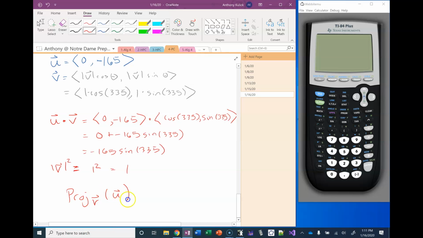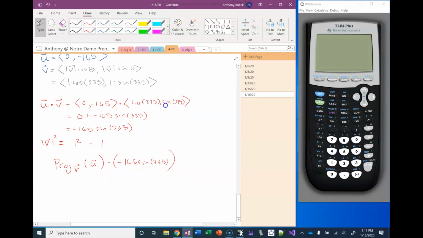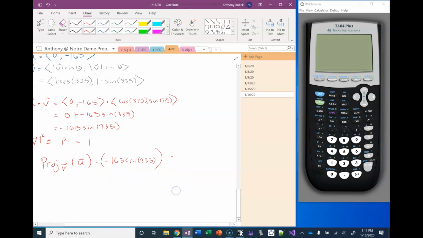So now when I write my projection, I have negative 165 sine 335 over 1. I'm not going to write the over 1 part though. And then I'll have this times my vector v, which is cosine 335, comma sine 335.